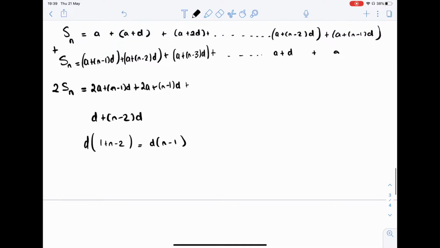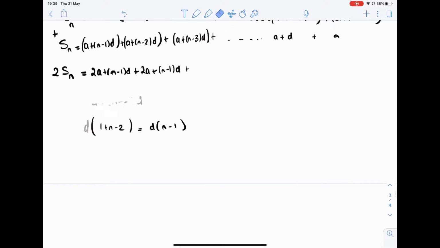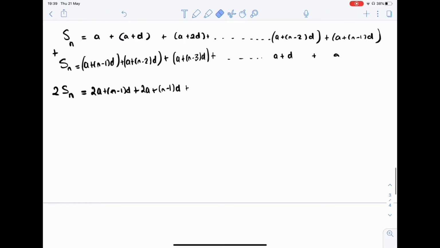The next time you'd have 2D plus (n minus 3)D, and each time you just carry on getting 2A plus (n minus 1)D. Your final term would also be 2A plus (n minus 1)D.